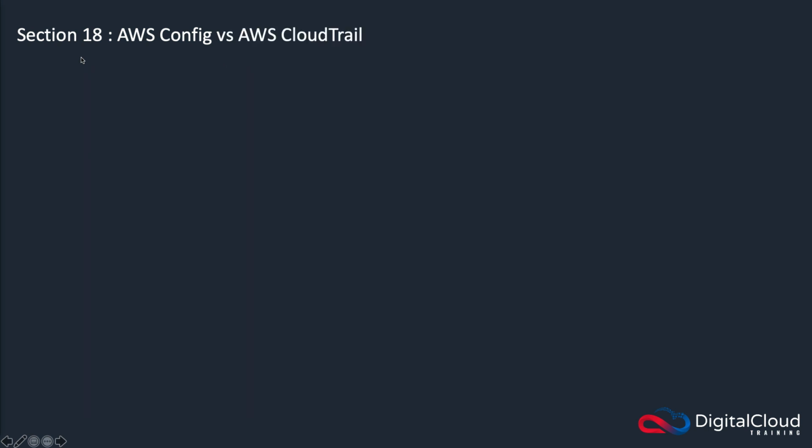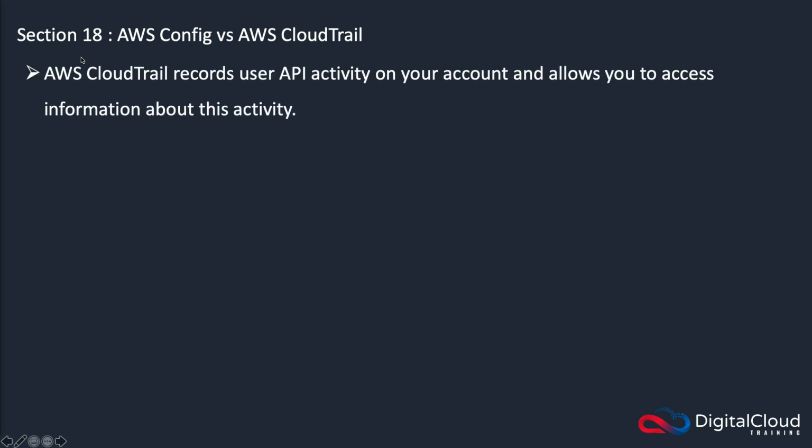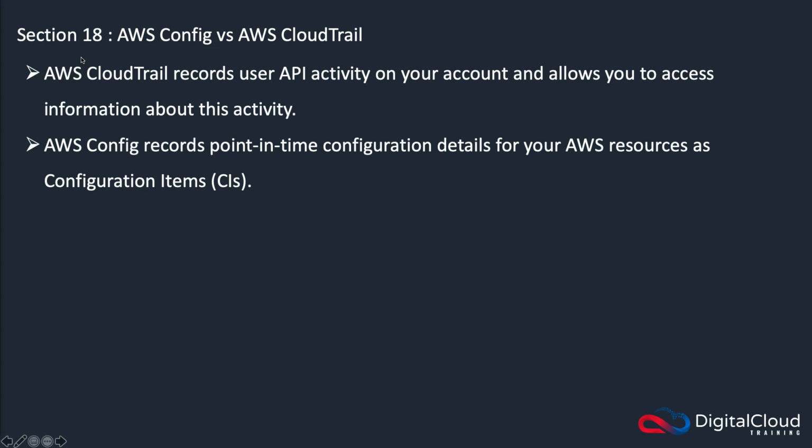Now, you might be wondering, what is the difference then between Config and CloudTrail? Because we talked a bit about auditing here. So CloudTrail is also about auditing. Remember, CloudTrail records user API activity on your account, so it allows you to see who did what at a point in time, whereas Config records point-in-time configuration details for your resources as configuration items.